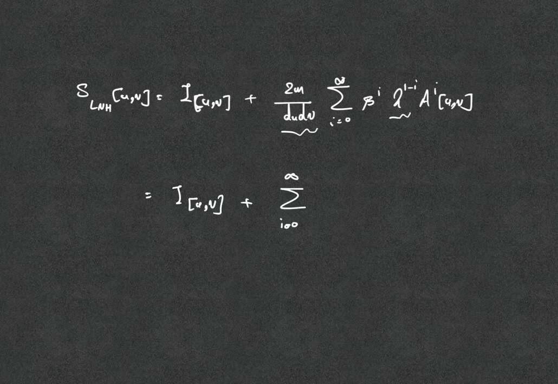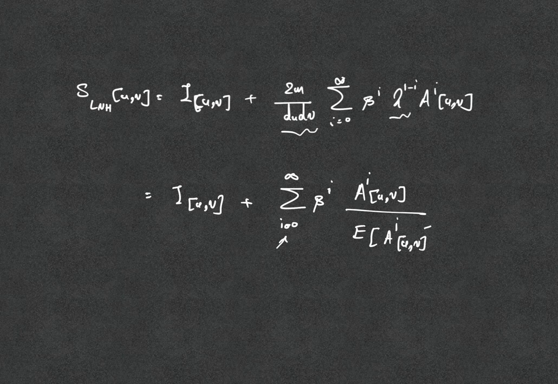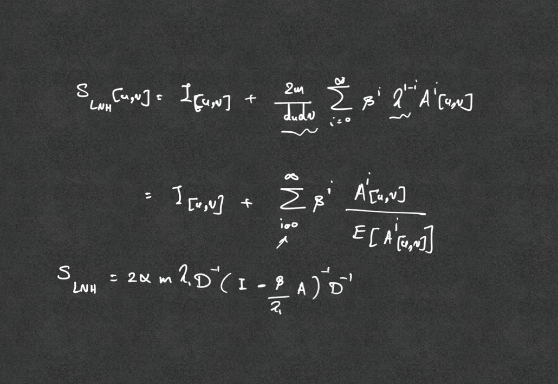You have the sum from 0 to infinity, with this coefficient beta, and you have the number of paths of length i between u and v for all of the i's from 0 to infinity. You also have the expected value of A^i between u and v. Now if you compute the solution to this, the matrix is going to be this, in which D is a matrix with node degrees on the diagonal.